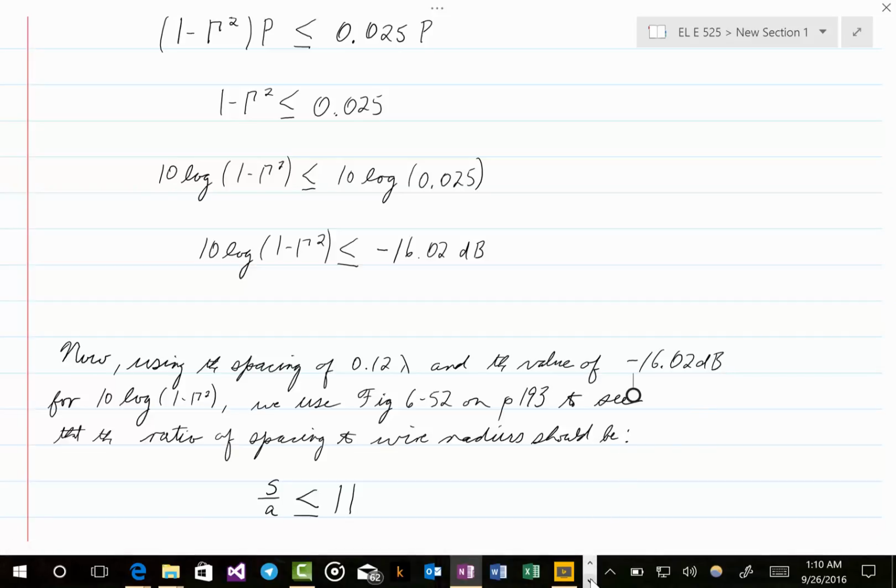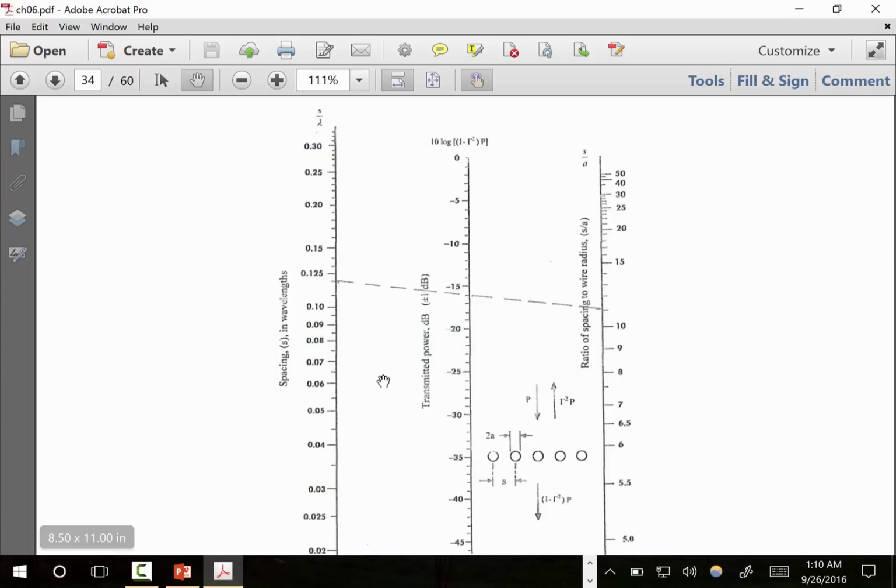And so all of that is shown here in this figure right here.